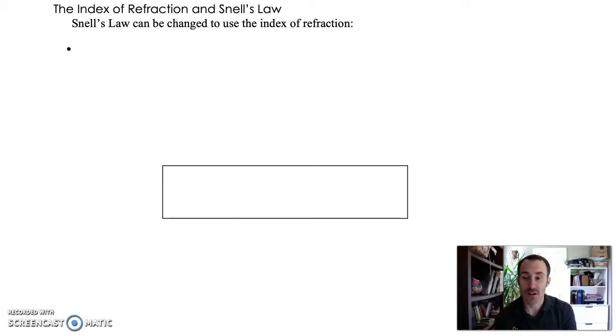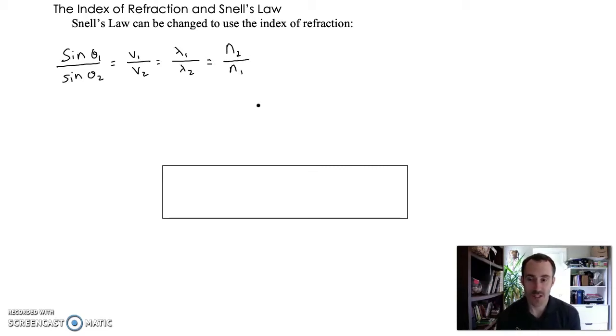Let's put together all of what we knew about Snell's law before. So sine of theta 1 divided by sine of theta 2 is equal to v1 over v2, which is equal to wavelength 1 over wavelength 2, which is equal to n2 over n1.